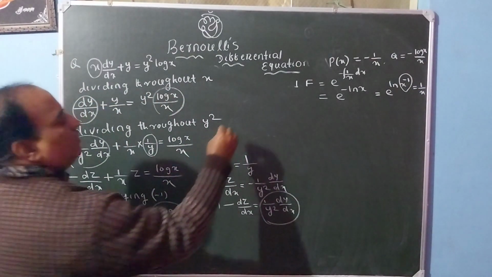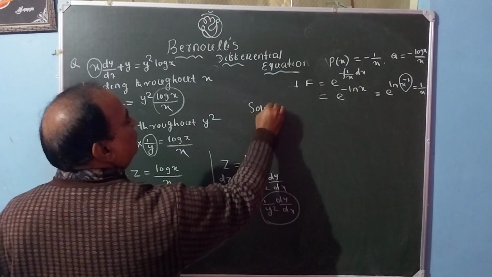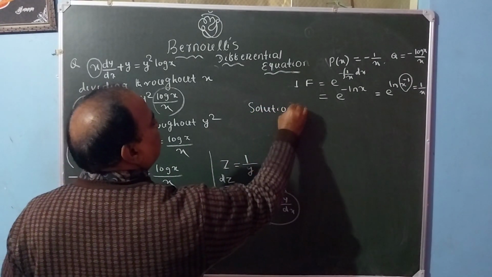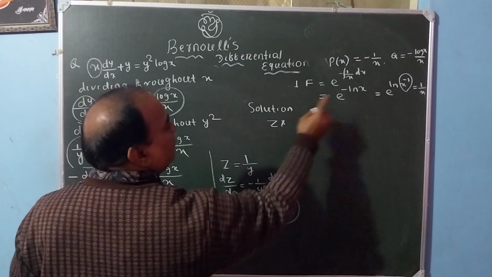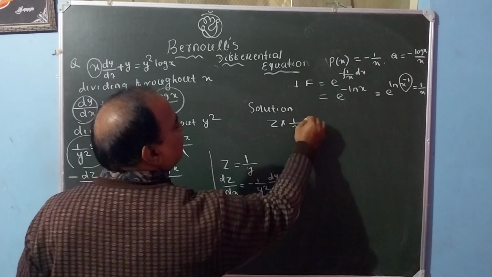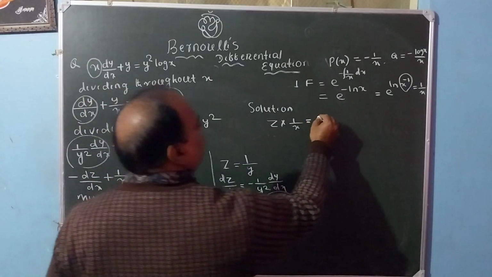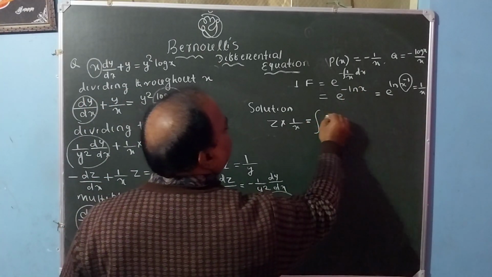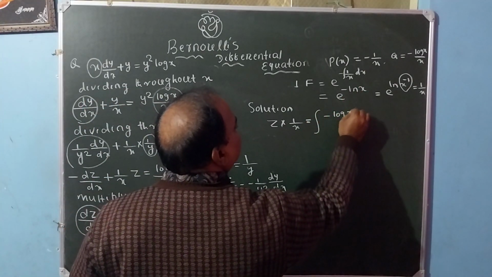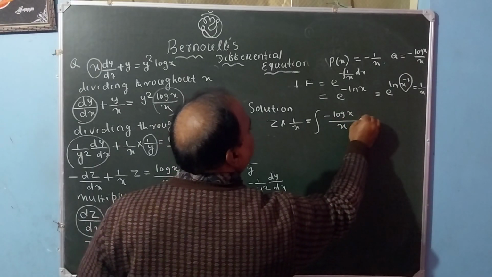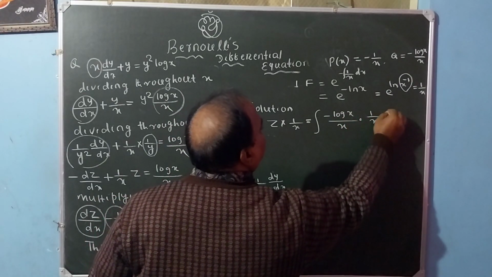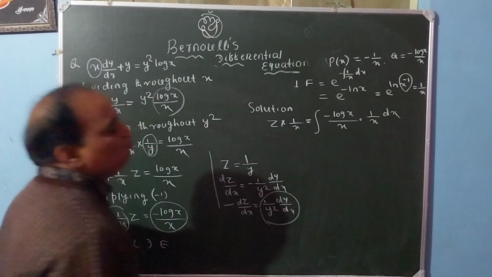Solution: z into integrating factor 1 by x is equal to integral of Q(x), minus log x by x, into 1 by x dx.